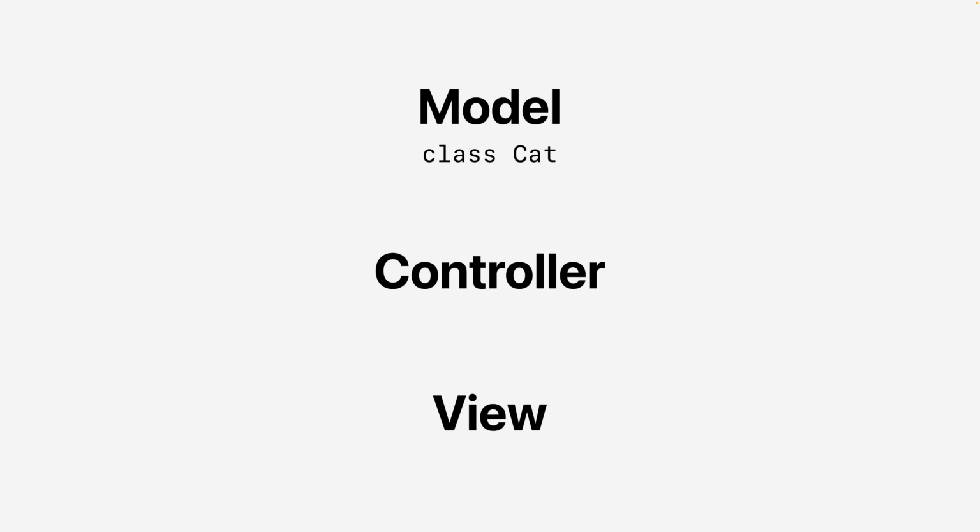In our earlier example of the stray cat application, this might be your cat class and other data. View represents all of the UI, which we have seen a lot of. And the controller is the module in between that is responsible for managing communication between the two. For example, if your cat data changes, it needs to be responsible for conveying this update to the view.